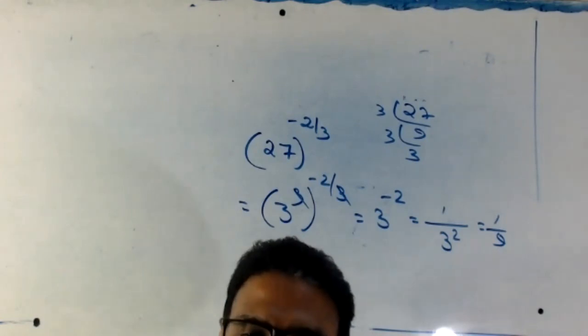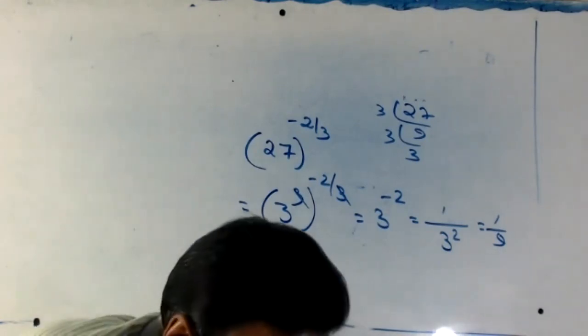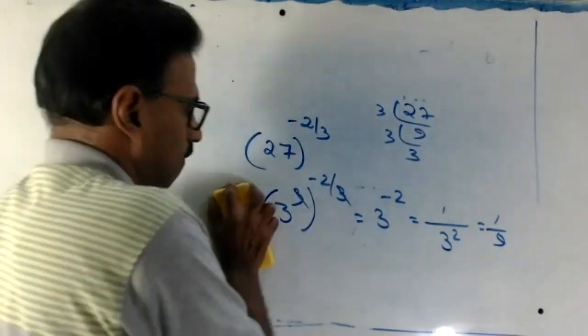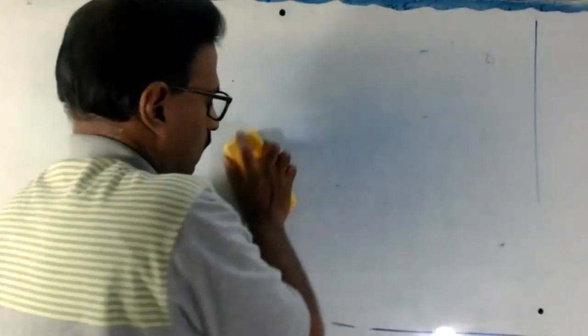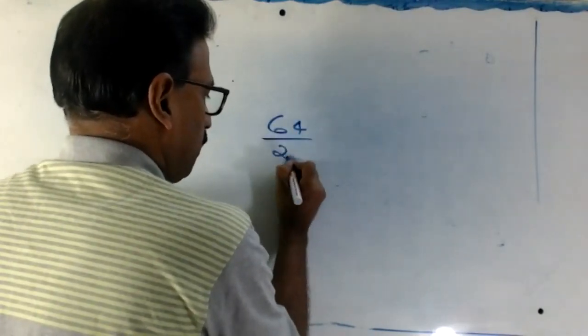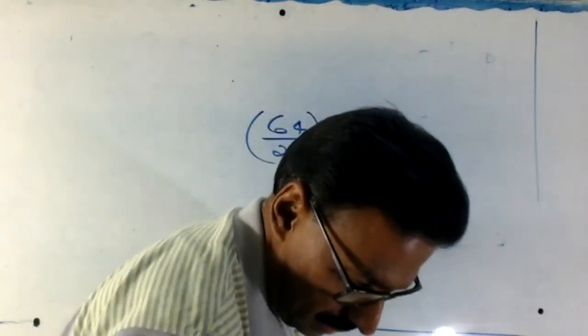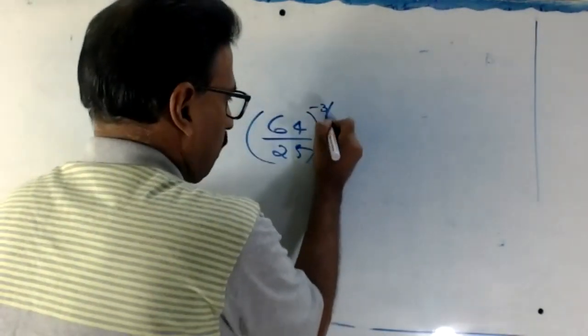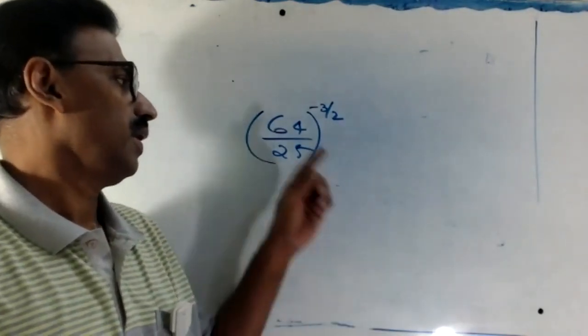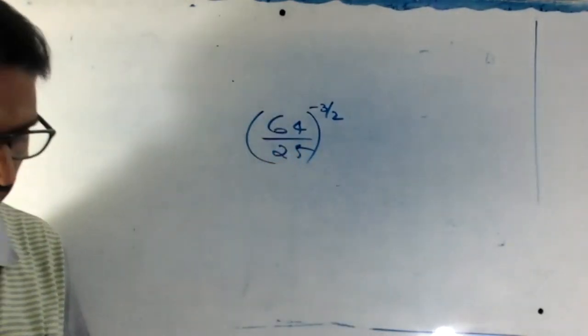Okay, so next question. 64 divided by 25 whole raised to minus 3 by 2.